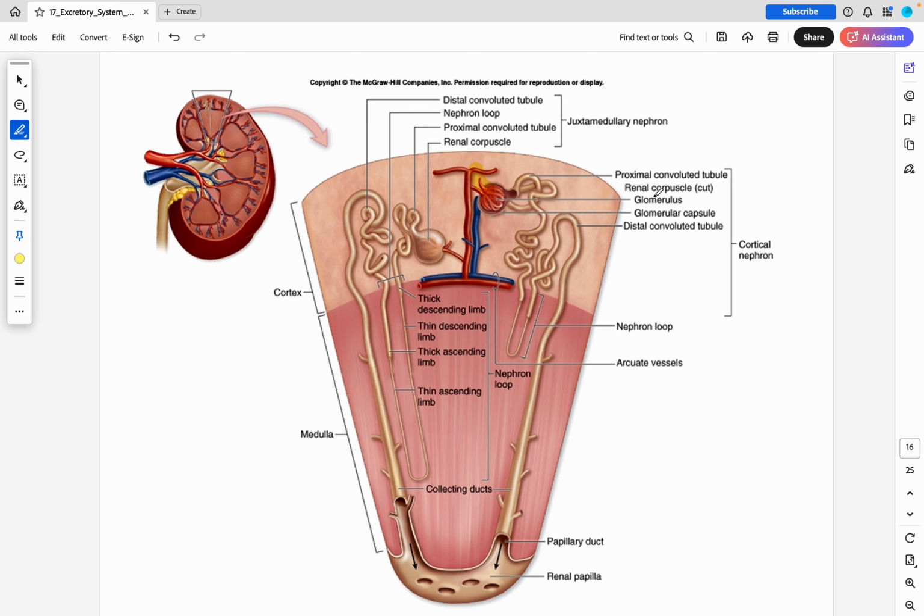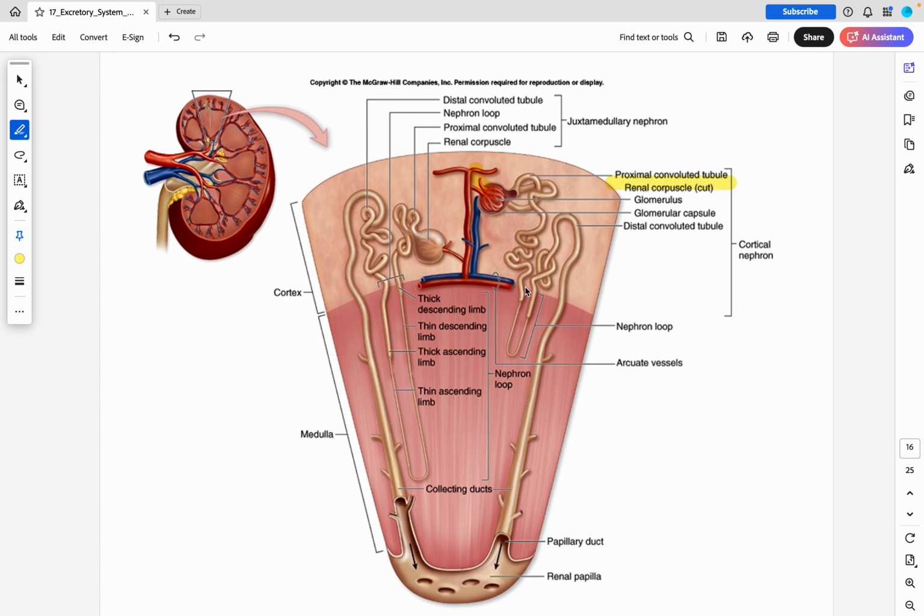Then connected to the glomerular capsule, to the renal corpuscle, are the renal tubules. So we have the first part called the proximal convoluted tubule, the PCT, which is termed as such because it's nearest to the renal corpuscle.